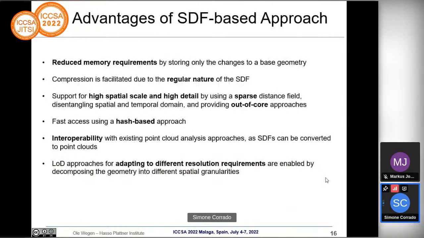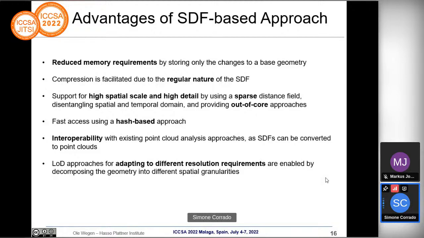So what would be the advantages of using such a signed distance field approach over just raw point clouds? Well, first of all, of course, they reduce memory requirements due to the incremental storage. Then another useful property of signed distance fields is their regular nature, and this facilitates compression. Actually, there are compression methods for meshes that use signed distance fields as an intermediate representation because they can be compressed much better.